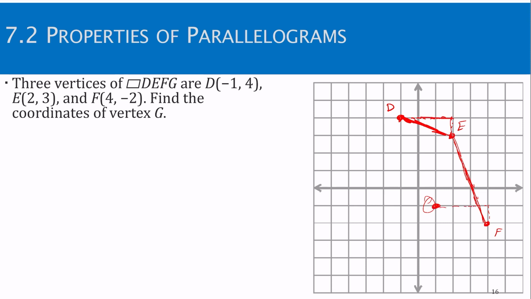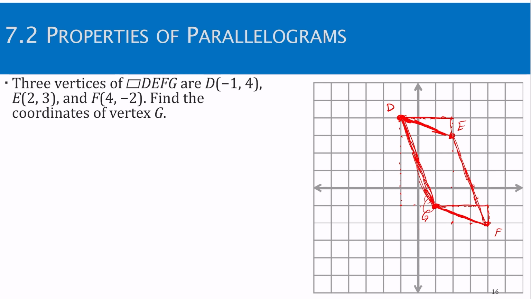So I'm thinking it should be right there. Well, let's check. From E to F, I'll go down 1, 2, 3, 4, 5, and over 2. Down 5 and over 2. So now from D to G, I should go down 5 and over 2. Hey, that works.